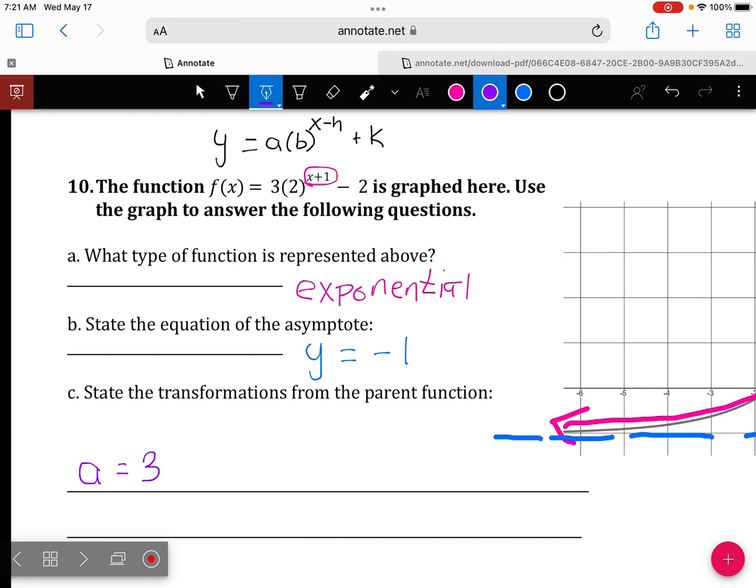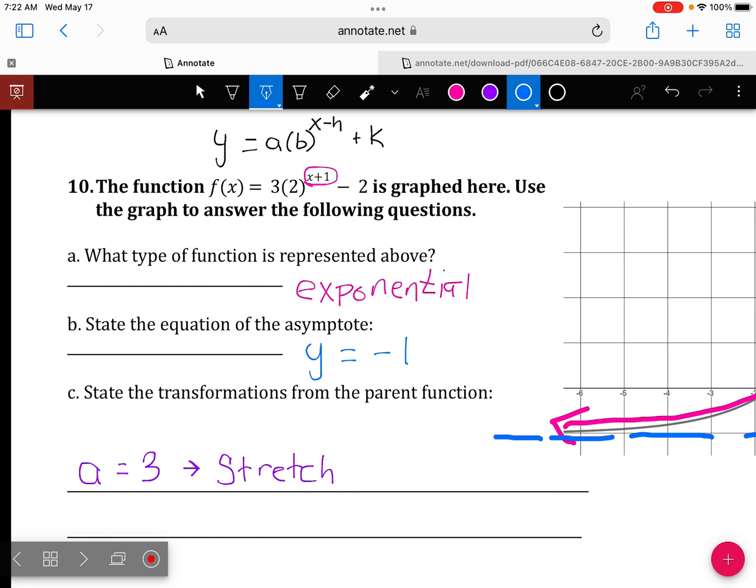What does that do as a transformation, an A of 3? What does an A that's bigger than 1 cause? Stretch. All right. What's our H value? -1.